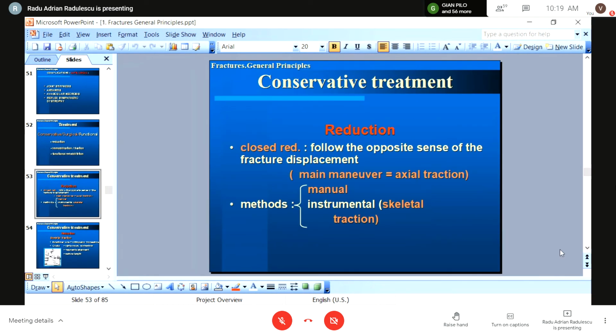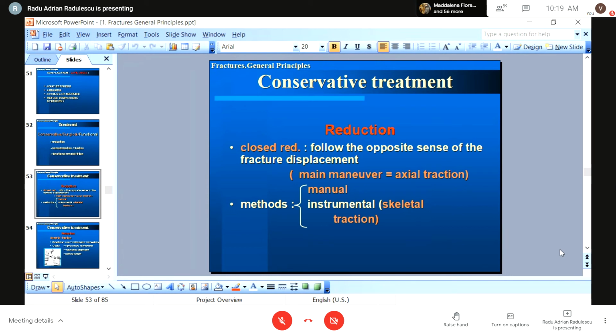Reduction may be closed. Only in this situation, we only manipulate the fragments. So we try to reduce the fragments and put them back in the anatomical position only by traction over that part of the limb and maneuvering it in the opposite direction of the fracture.